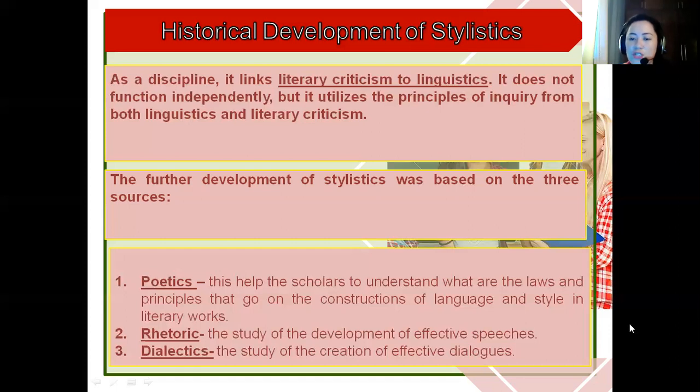That's the difference between dialogue and literary works, or speeches. Because in speeches, there is no immediate feedback. There can be immediate feedback, but it is not given directly to the person speaking. Unlike in dialogues, where there is really an active exchange of ideas. So that's under dialectics.